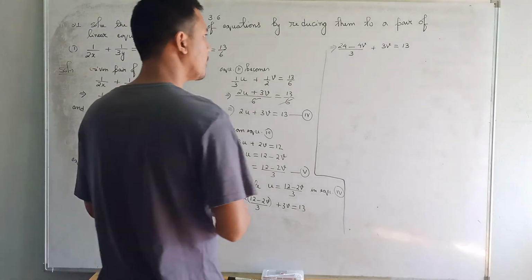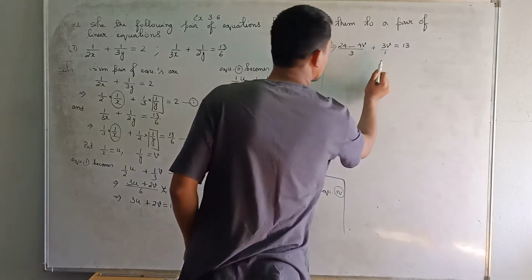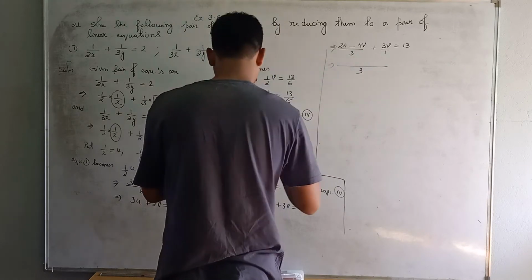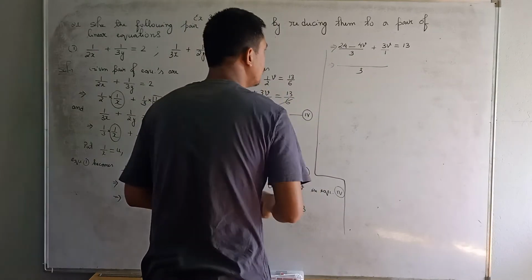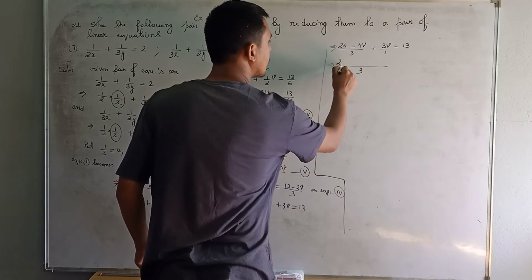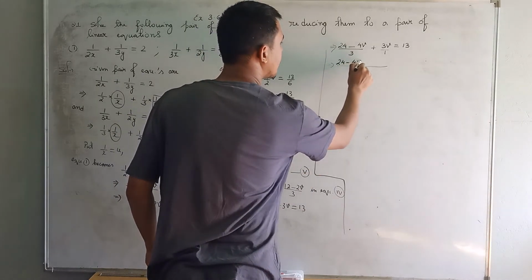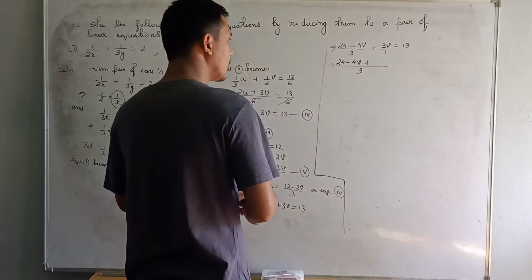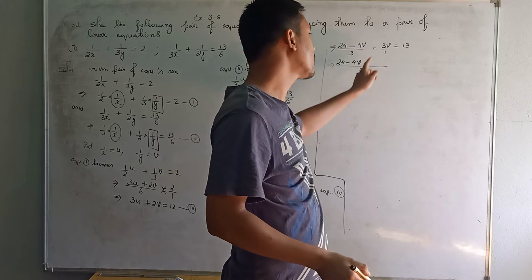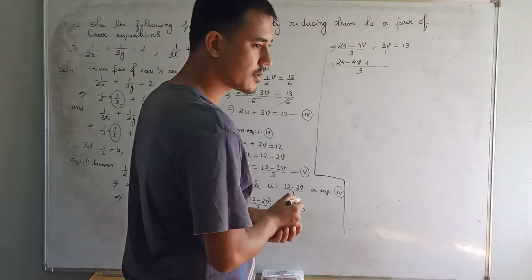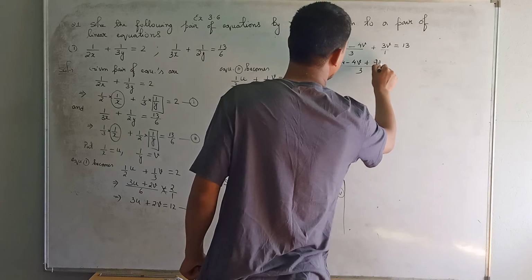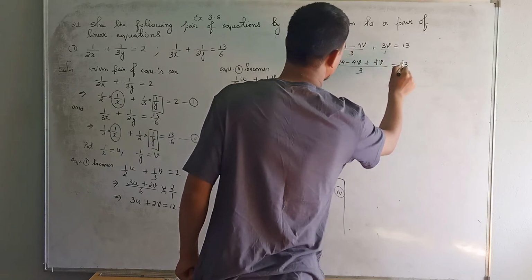Take LCM on the left side. LCM is 3 here. 3 divided by 3, 1. So we have 24 minus 4v as it is. Here the denominator is 1. If the denominator is 1, this 3 is going to multiply the numerator. 3 times 3v is 9v, equal to 13.